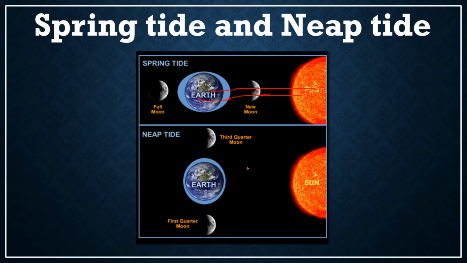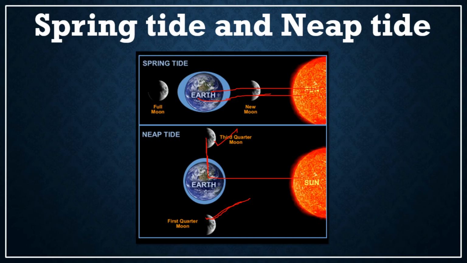Neap tides occur when the sun, moon and the earth are at right angles. So, on half moon days, when the moon is in the first and the last quarter, we find that the gravitational pull of the sun and the moon work in opposite directions, because the moon is here and the sun is here.